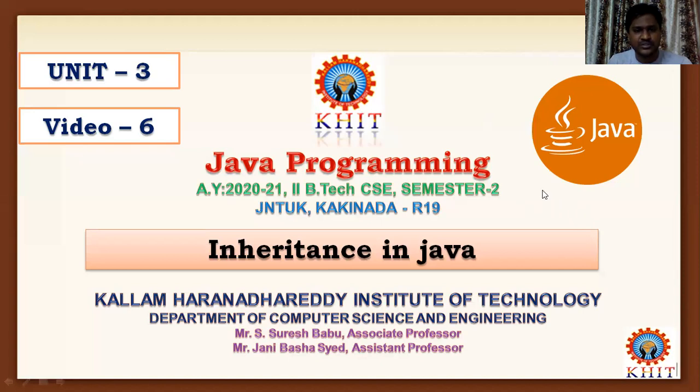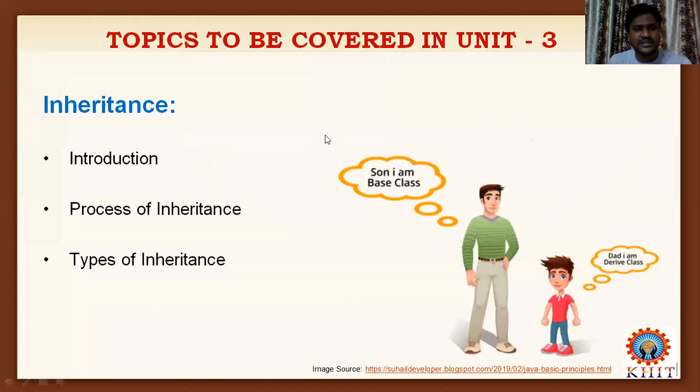Coming to the course Java programming, unit 3, chapter 2 of this unit 3 is inheritance in Java. This starts from video 6. These are the topics to be covered in unit 3, chapter 2, inheritance.